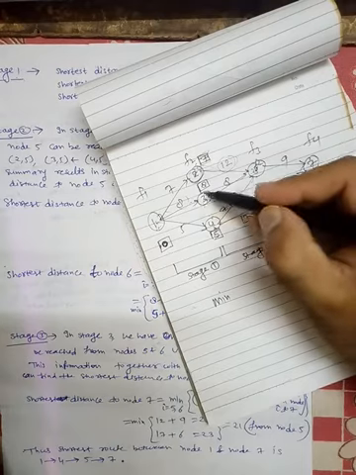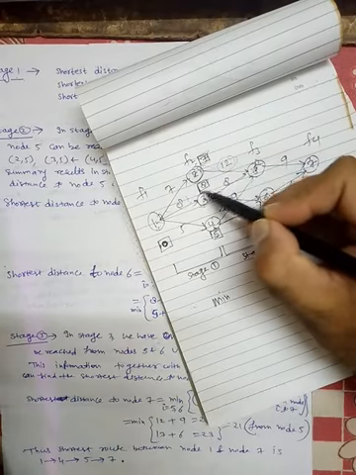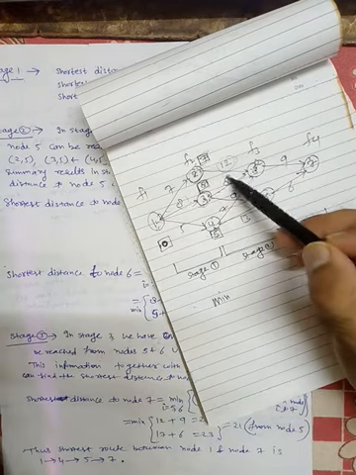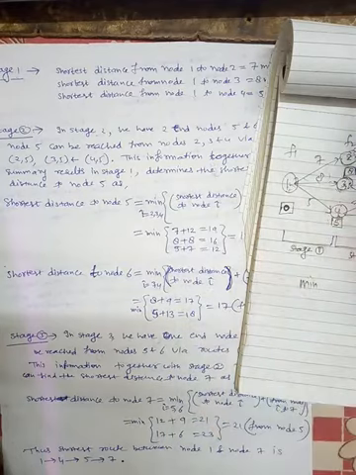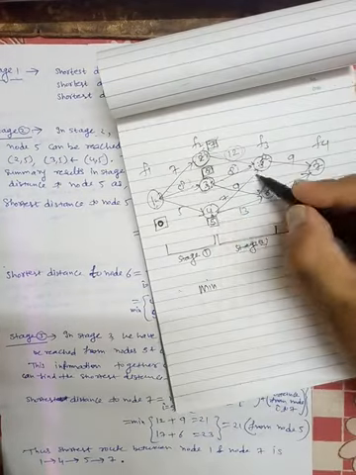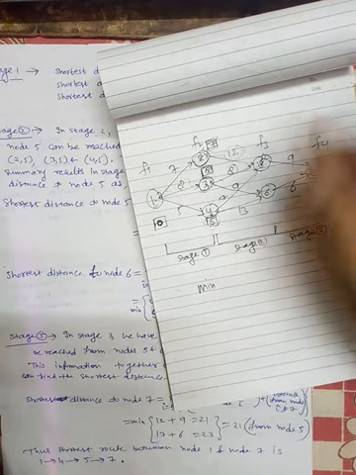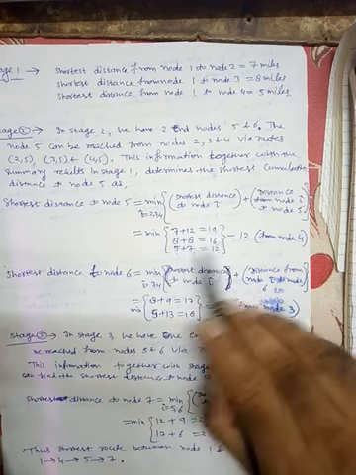That is, from here to here 7 distance was needed, then from here to here 12 distance. Second, if you are moving from 3, the minimum distance at 3 is 8, and from here to here the distance is 8, so 8 plus 8 is 16. If you are moving from 4, shortest distance is 5, and from here to here the distance is 7, so 5 plus 7 is 12. So this is 19, this is 16, this is 12.